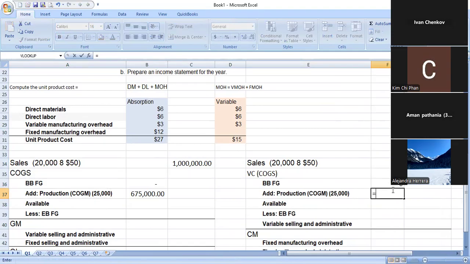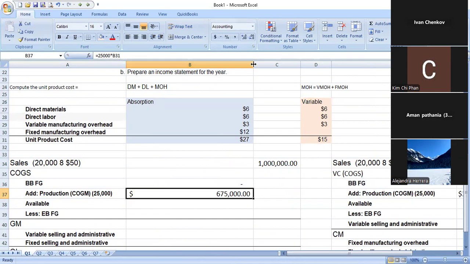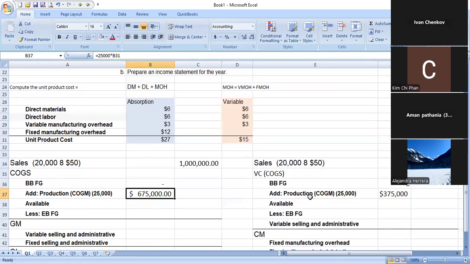Because I'm producing 25,000, but my product price now is only $15. So that's my first change here on my production. Let's make it a little bit bigger. Let's grab this one and format those cells to be the same.